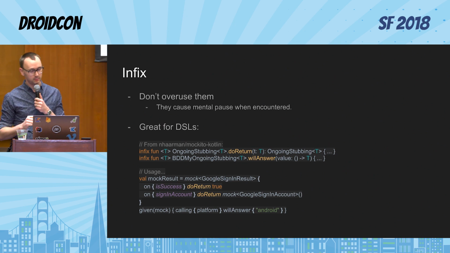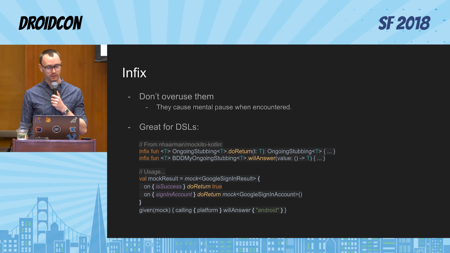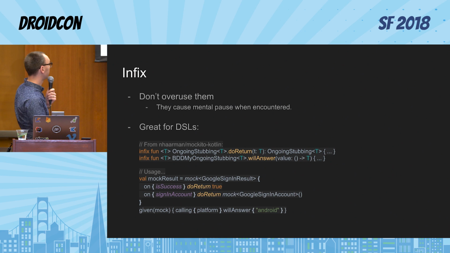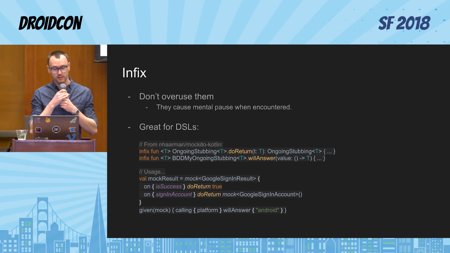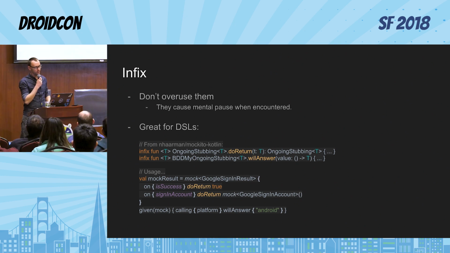I think the Mockito Kotlin library actually does a very good job of this. It's a somewhat large library, and it only has 2 infix functions, one called doReturn, one called willAnswer, so that you're within DSL context, and this doesn't look that strange within this unit testing code, right?